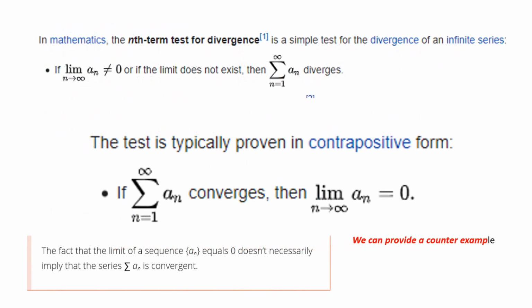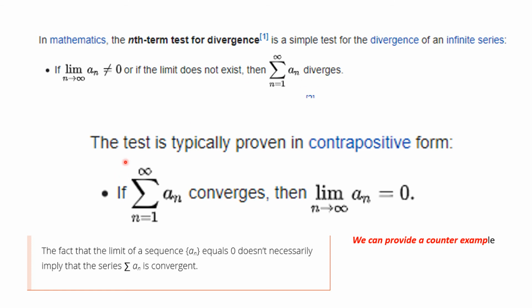Now sometimes in math, the contrapositive is more useful than the theorem, and I'll give you an example of that too. In calculus, there's an nth term test for divergence of an infinite series, and divergence means it does not converge. So here is the nth term test for divergence. If the limit as n goes to infinity of a sub n does not equal 0, then the summation from 1 to n of a sub n diverges.